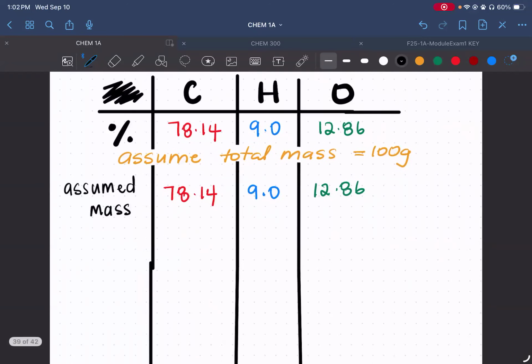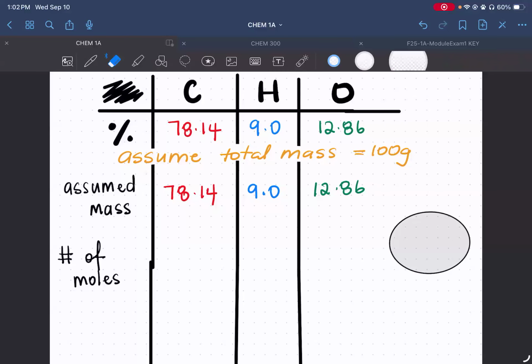Once we get the assumed mass, we will then calculate the number of moles of each element. If you recall, the number of moles of anything is equal to the mass divided by the molar mass.